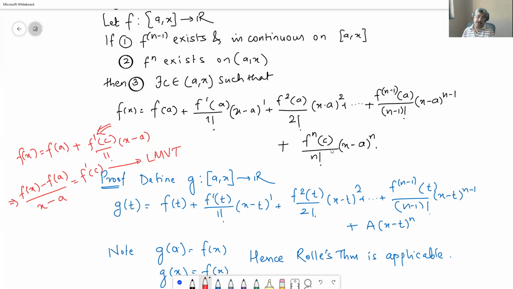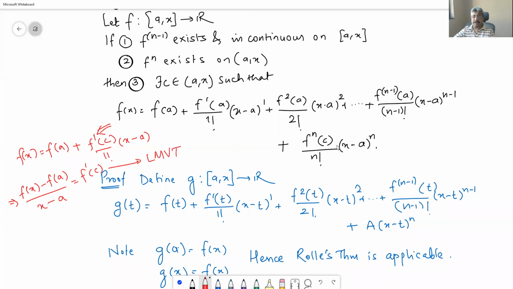accurate approximation. Okay. Now, the question in everybody's mind is, after doing so, will we be able to find out this term? Will we be able to find out the value of the remainder term?